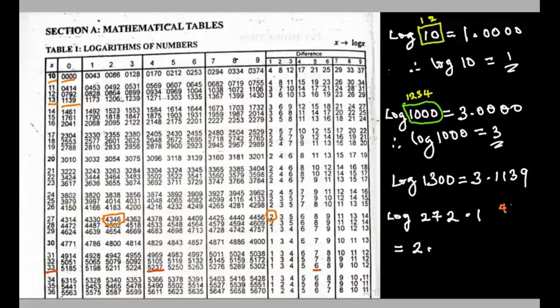The difference of 1 is just 2. So when we add it, we have 4, 3, 4, 8. So our answer for this question, log 272.1, is 2.4348.